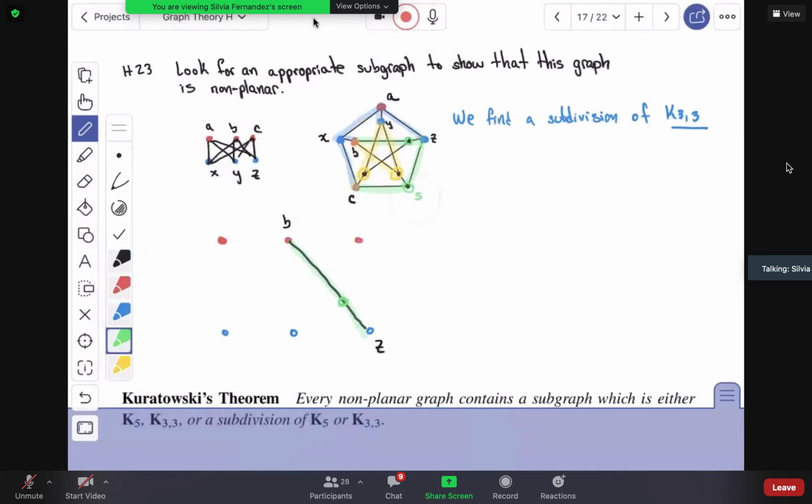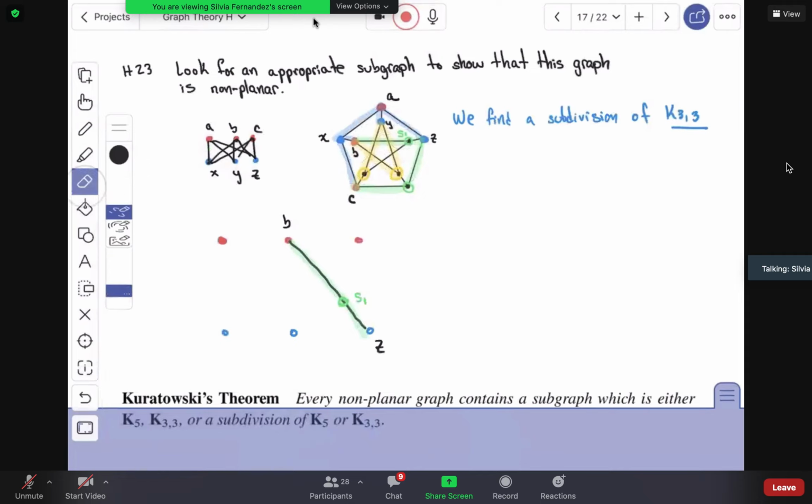So let me call it S1. So that's what it is. Make sense? And then Z, oh, sorry, that was S1. It was supposed to be this one right here, that one right there, because it's Z to B.